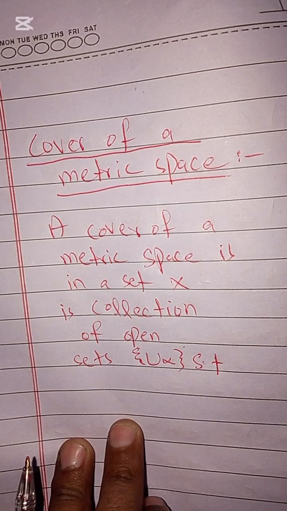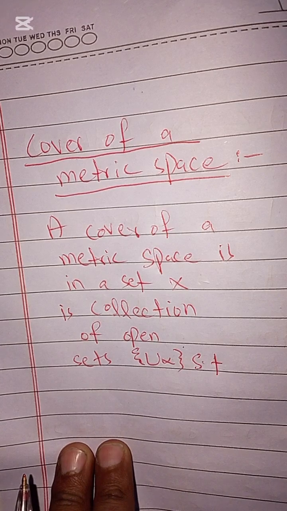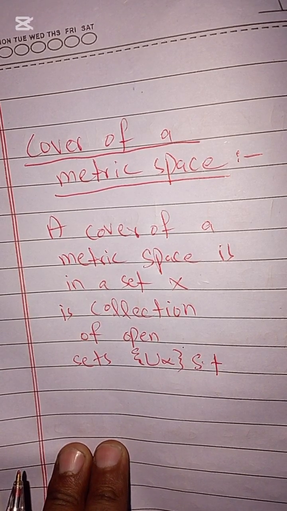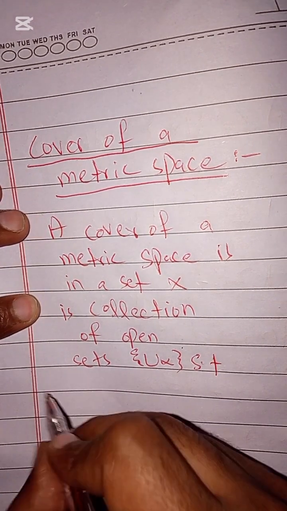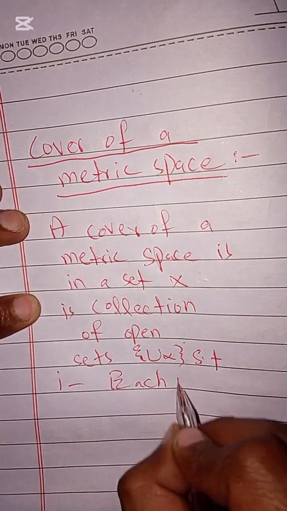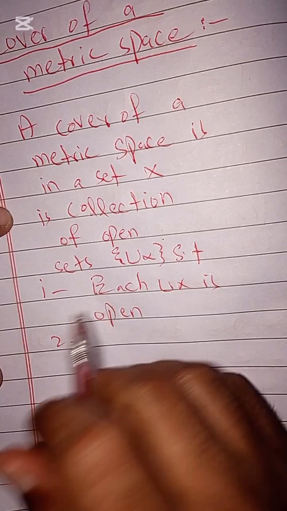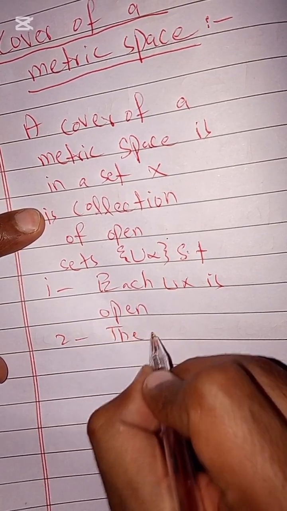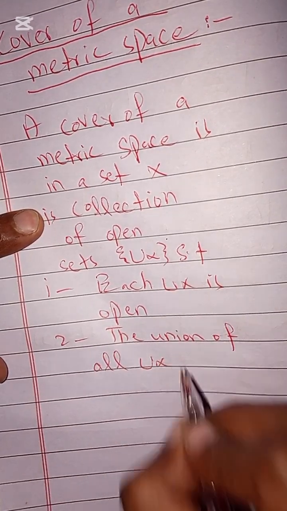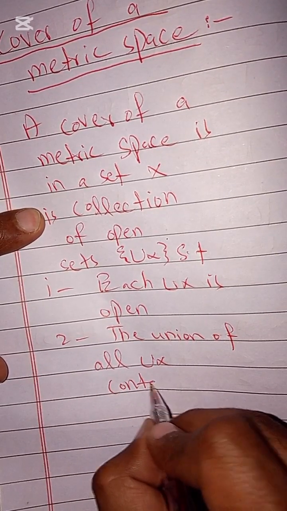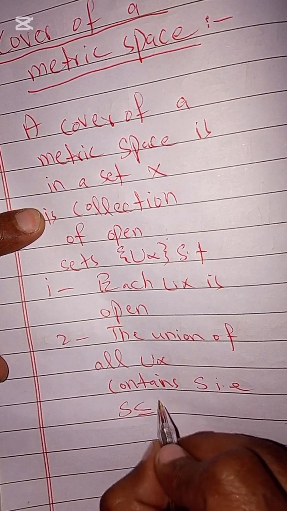Cover of a metric space is a set. We have a set X, and there are open sets. Open set means that the endpoints are not included in those sets. So each U alpha is open. And the second condition is that the union of all U alpha contains S, that is, S is a subset of the union of U alpha.